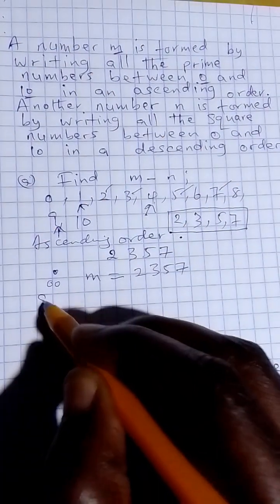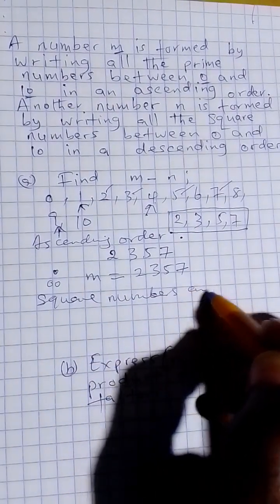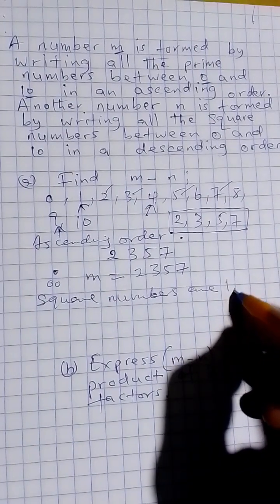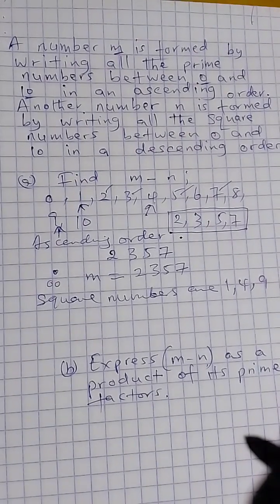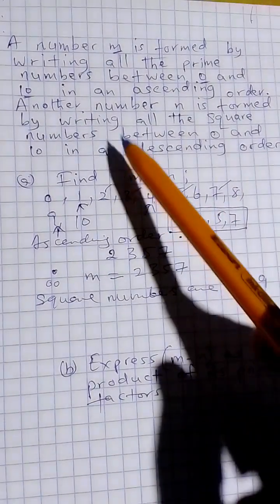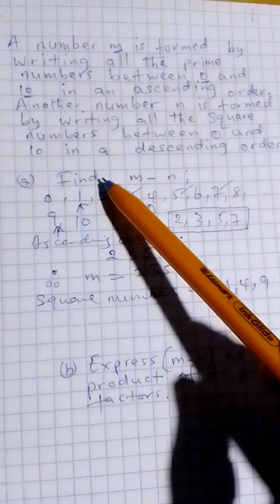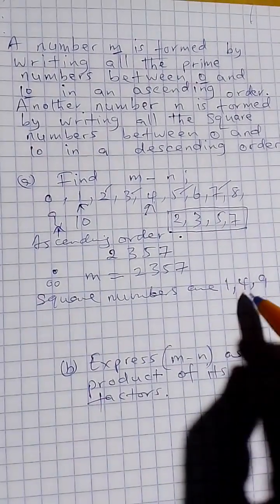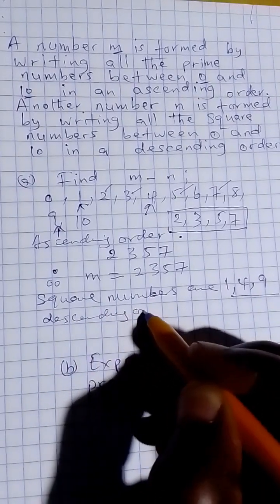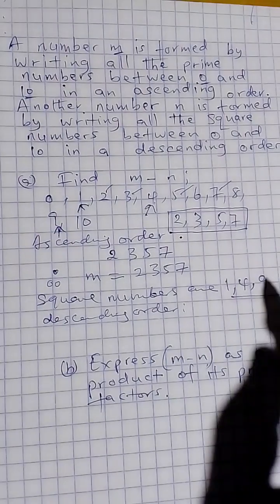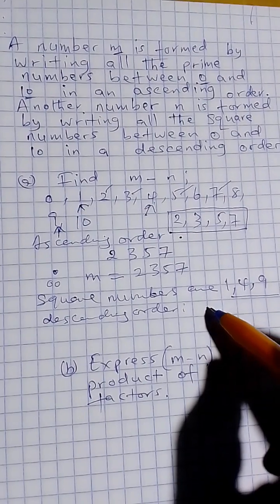So the square numbers are 1, 4, and 9. Another number n is formed by writing all the square numbers between 0 and 10 in a descending order. Writing these numbers in descending order means that we start from the highest, then we go to the lowest.